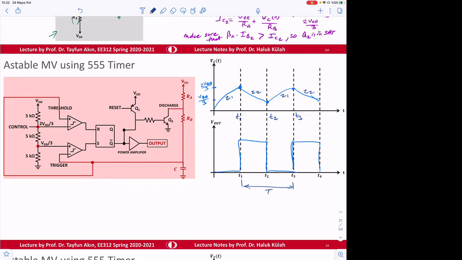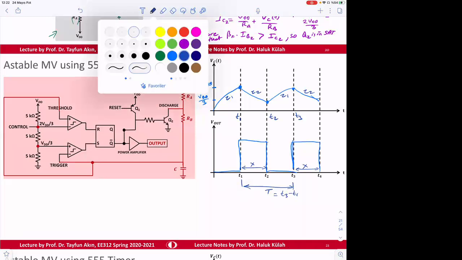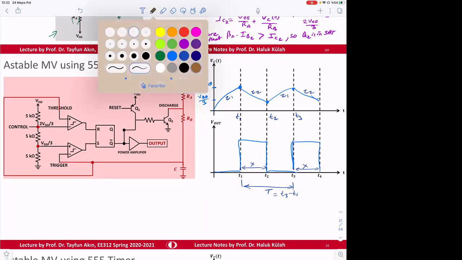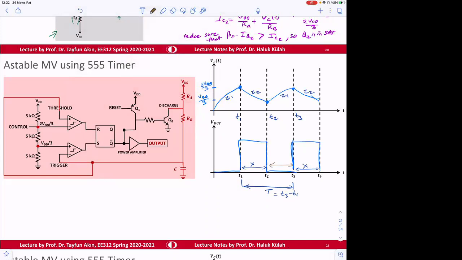This is going to be T, and T is equal to T3 minus T1. Let's call this time X. This X will be equal to this X. And if this is Y, this will be equal to this Y.